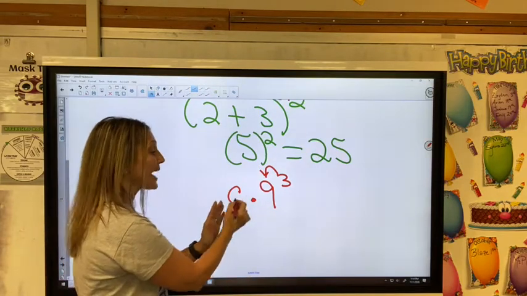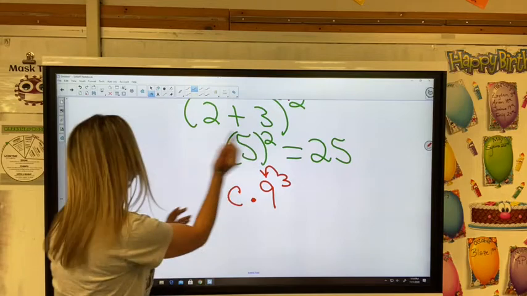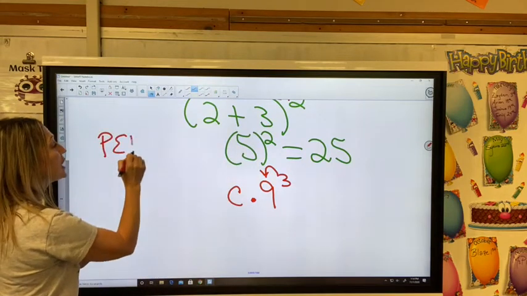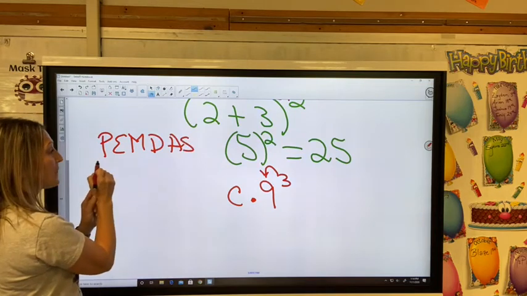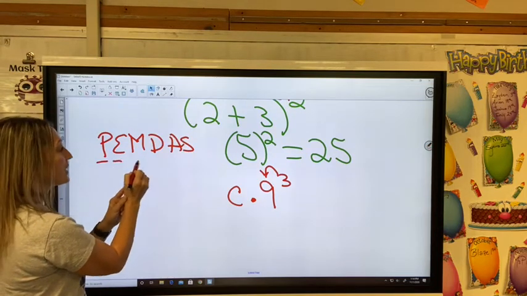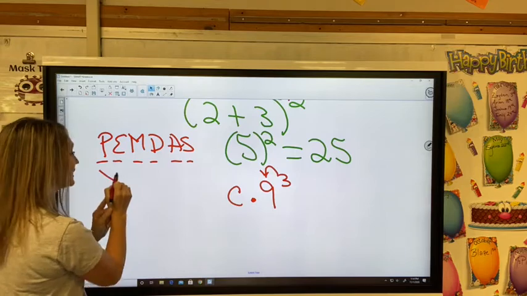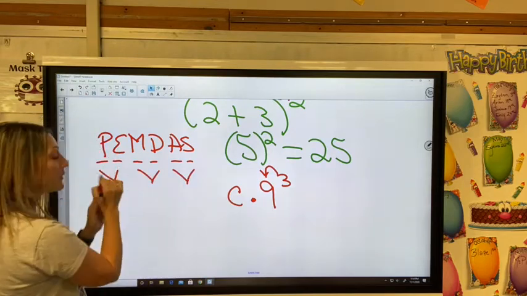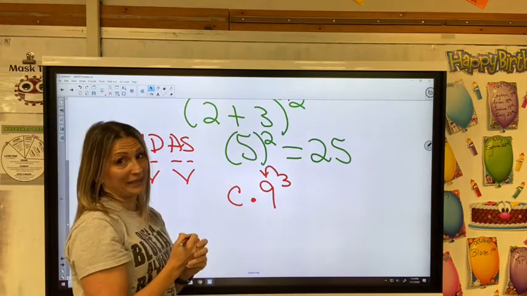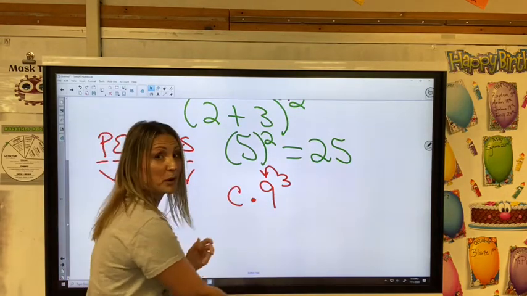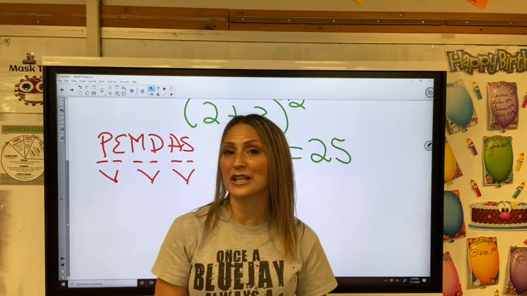It's not going to apply to you multiplying C times 9. And why? Because we know in the order of operations, ladies and gentlemen, parentheses, exponents, multiplication, division, addition, and subtraction as groups. So I would first apply the exponent to the 9 and then do the multiplication. And that is the tricky part about exponents and the part that you need to remember.